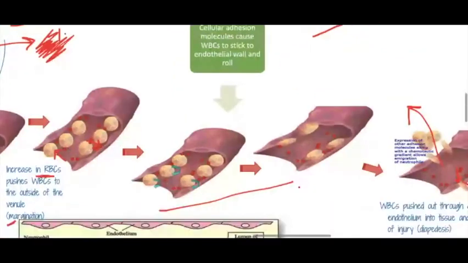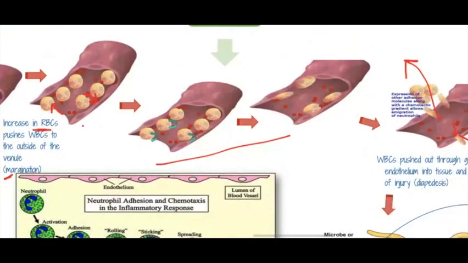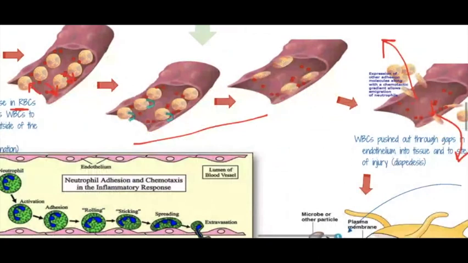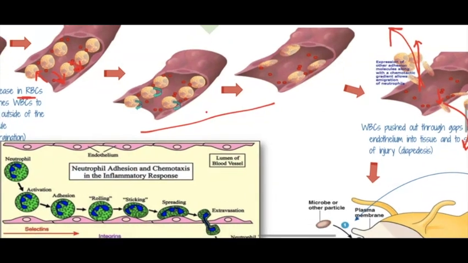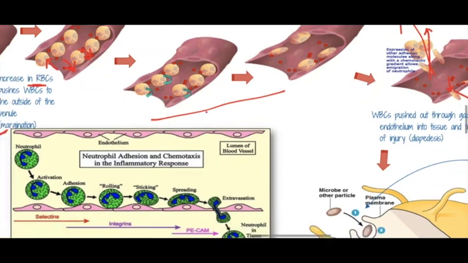So if you scroll down here, remember we talked about the white blood cells having been pushed to the side, or margination has occurred. How do we get them out of these gaps into the tissue? That's where these selectins and integrins play a big role.